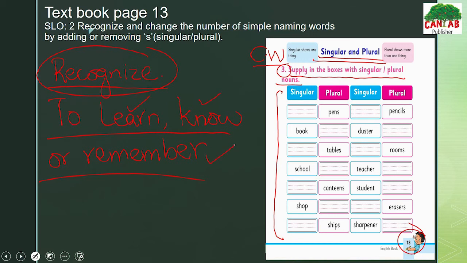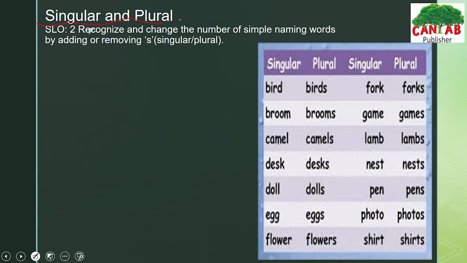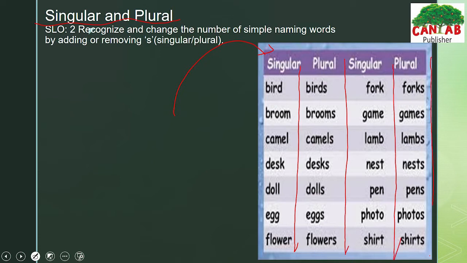So to practice this concept, singular and plural nouns, we are going to read out some very basic words. If you look at this poster here, singulars and their plurals are mentioned here. Now when we have one apple, it's called an apple, just apple.